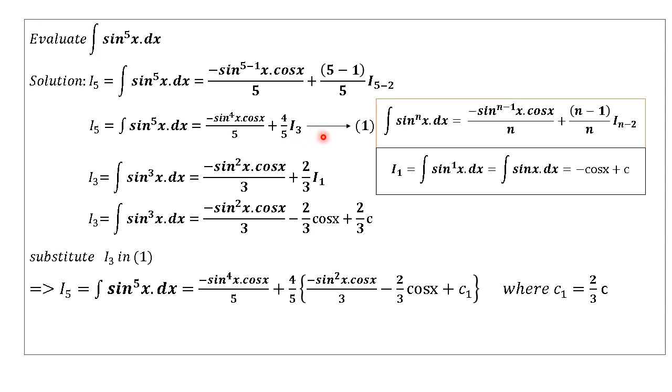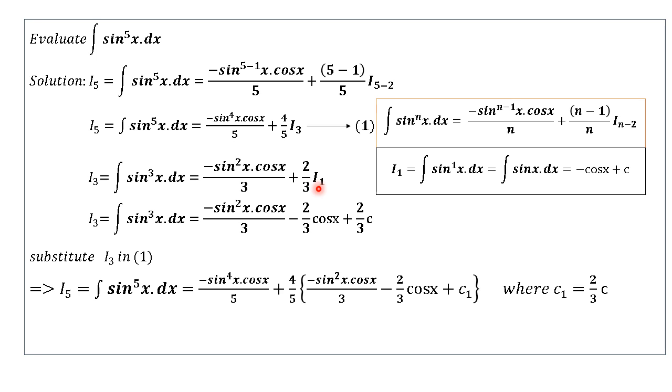In the same reduction formula, instead of n put n is equal to 3. Putting n is equal to 3, you will get minus sin to the power 3 minus 1 is 2 into cos x in the denominator 3 plus 3 minus 1 is 2 divided by 3 into I 3 minus 2. I 3 minus 2 is I1.